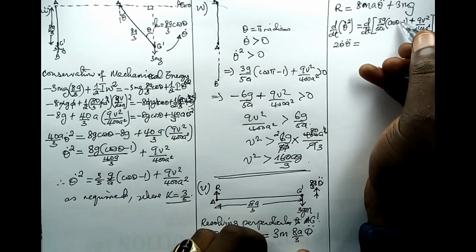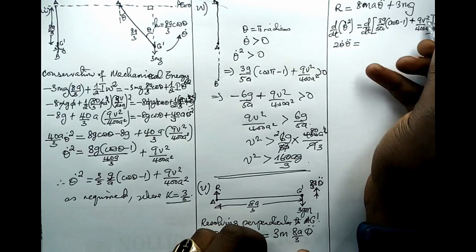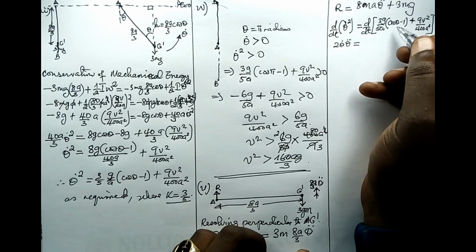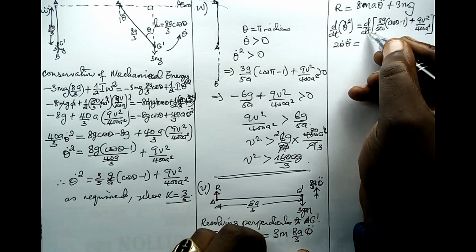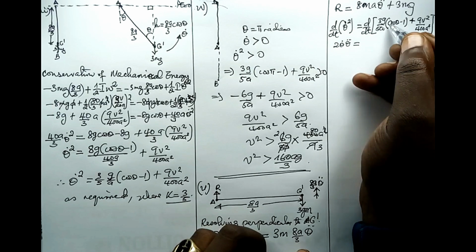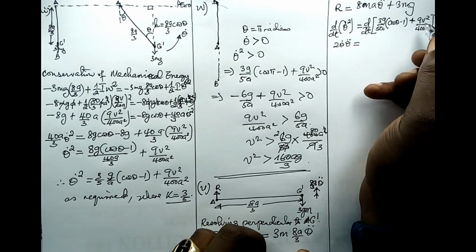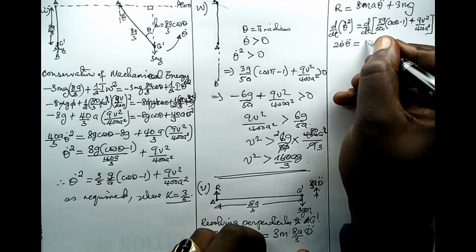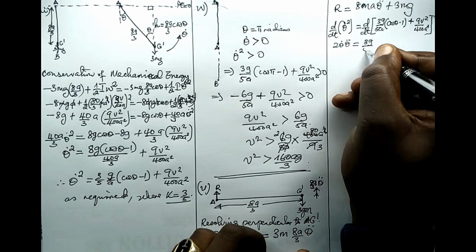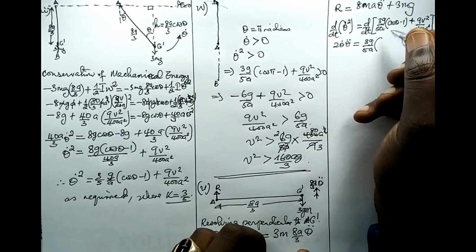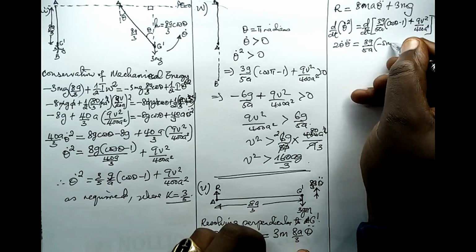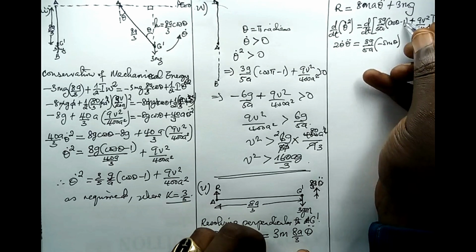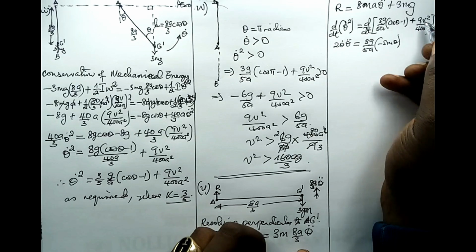Equals, on the right hand side, I'm differentiating with respect to t, but the expression I have there is in terms of theta. Remember, G, A, the V's, and the rest are all constants. So theta is the only variable there, but I'm differentiating with respect to t. So I will first have to differentiate with respect to theta and then multiply by d theta dt according to the chain rule. So that I get now 3g all over 5a. The differential of cos theta is negative sine theta, and the differential of negative 1 is 0. The differential of 9v squared all over 400a squared with respect to theta is 0.